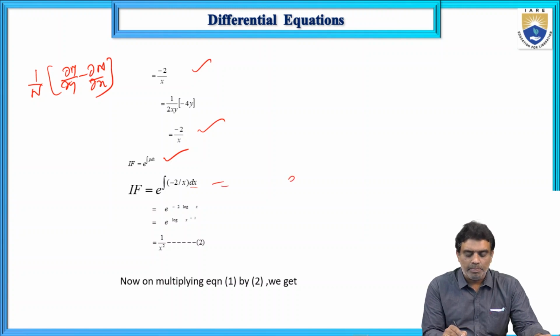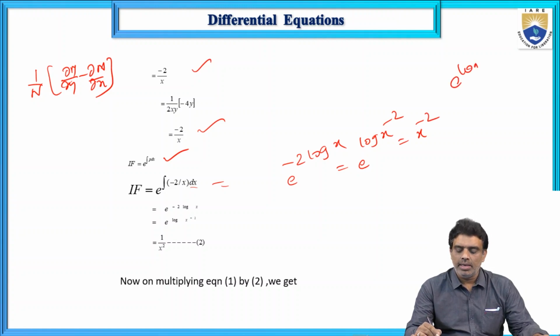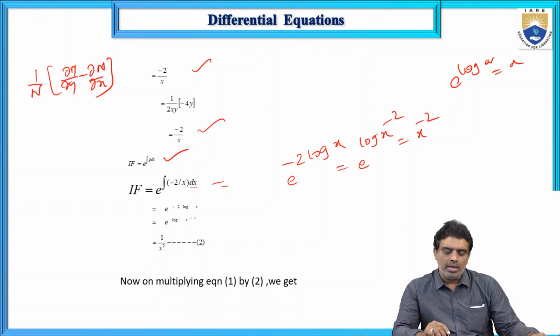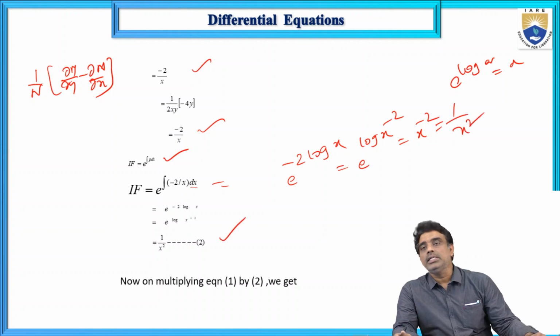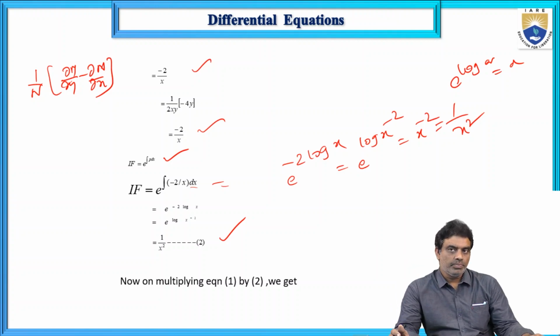So this is e^(-2 log x), or e^(log x^-2). Since e^(log a) = a, this is x^-2, or 1/x², which is the integrating factor of the equation M dx + N dy = 0.